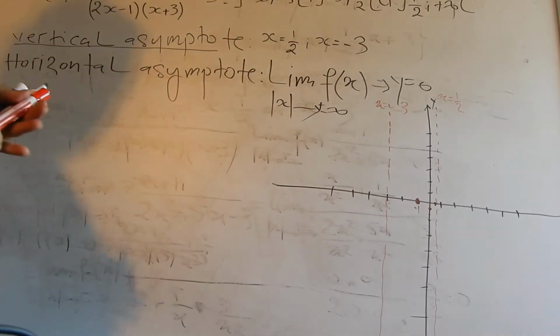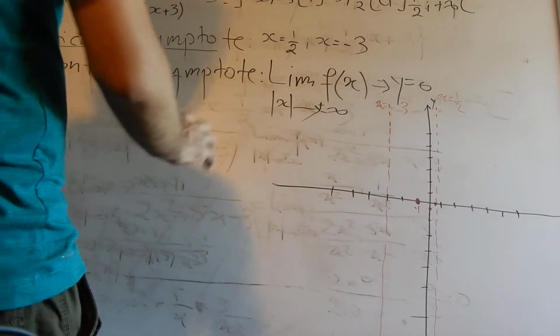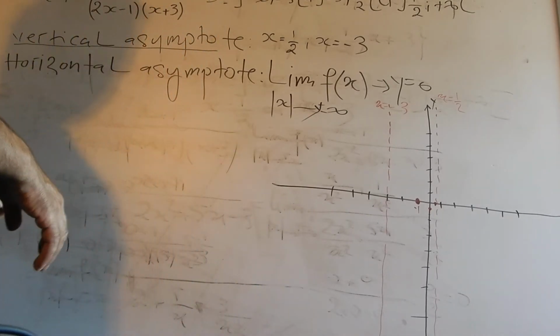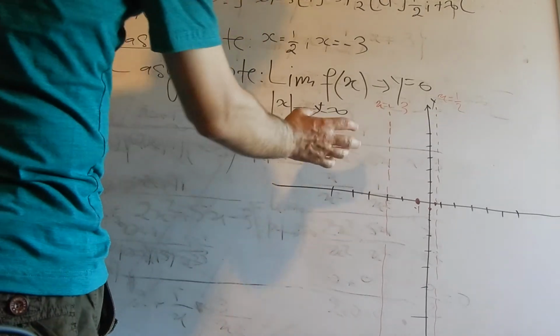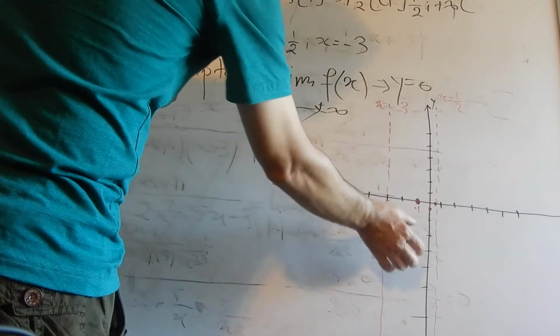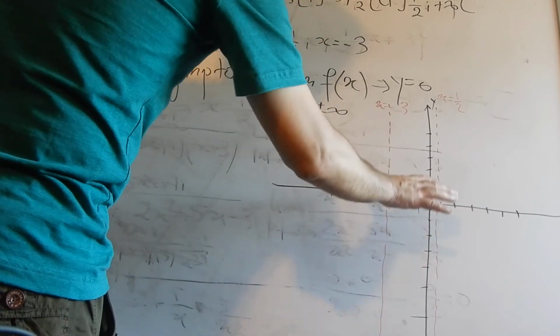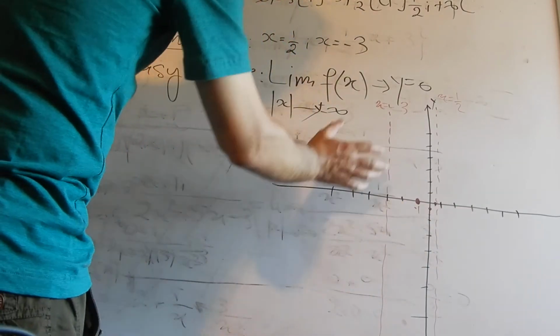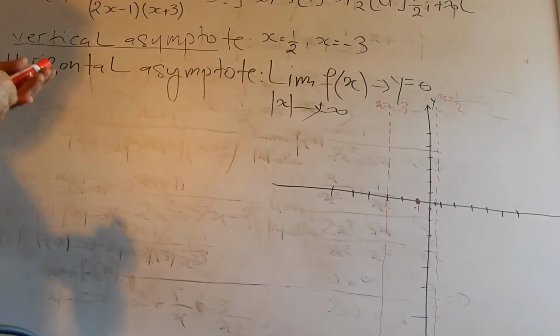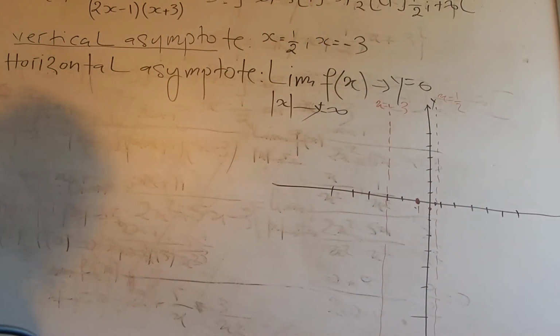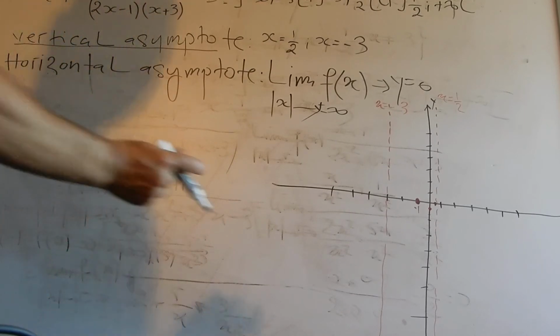The last step I'm going to do is study the sign of f of x. That means whether f of x is positive or negative in this side, this side, this side. This side right here is negative, this side negative, this side positive. Let me see how it's going to be. To do that, I'm going to pick the domain from minus infinity.